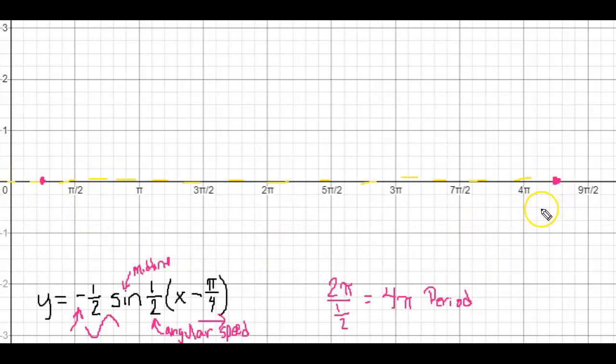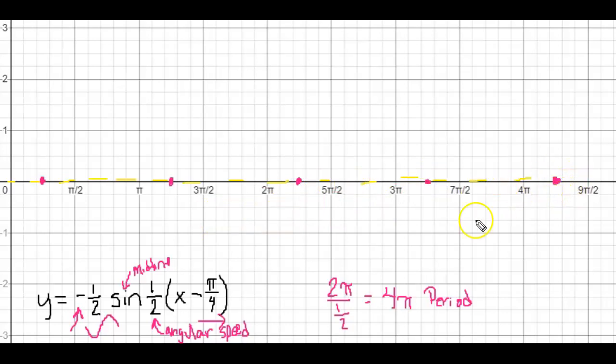And as always, we know that we have to break that period up into 4 equal pieces. We said it was 8 big thick lines for the whole thing, so I'm going to divide that by 4, and that's 2. So here would be the first quarter, and then here would be the second quarter, and then this would be the third quarter, and we're all the way to the end.